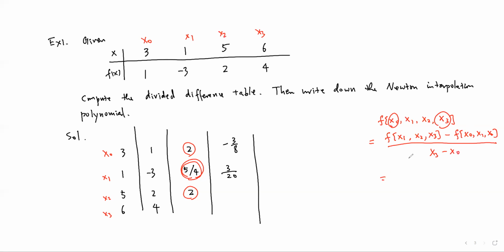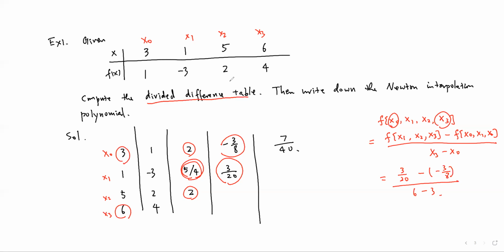So it is 3 over 20, this number, minus negative 3 over 8, this number, then over x3 minus x0, 6 minus 3. So the answer is 7 over 40.